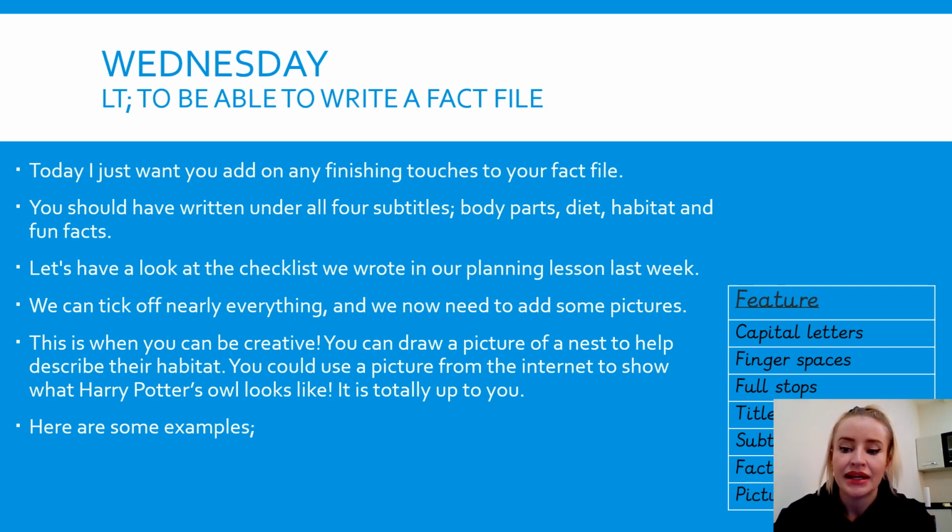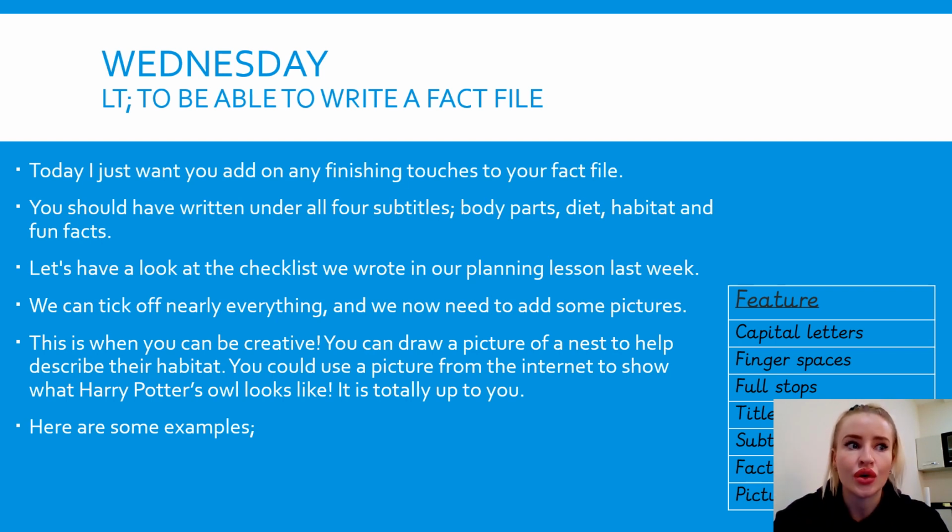So this is where I want you to get a little bit creative. This part is completely up to you. You can draw a picture, you can get a picture from the internet, you can get a diagram from the internet, you can get a drawing. You can use whatever picture you like. So you might want to use a picture to show the owl's diet.